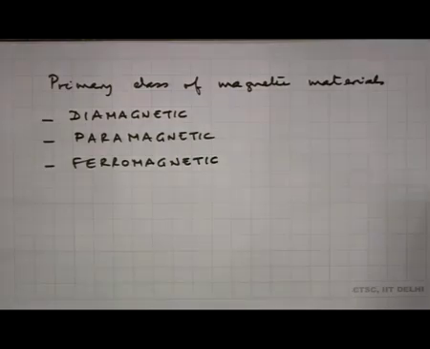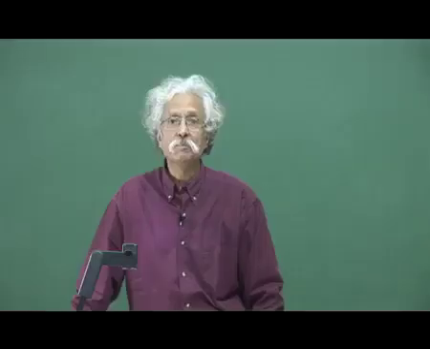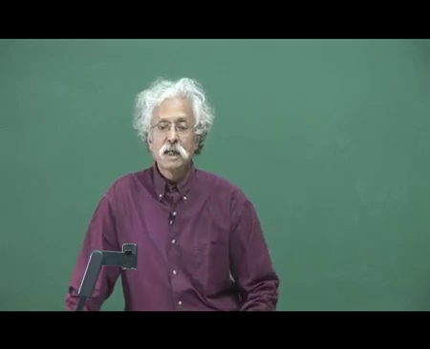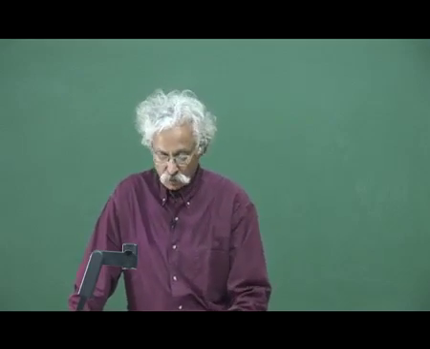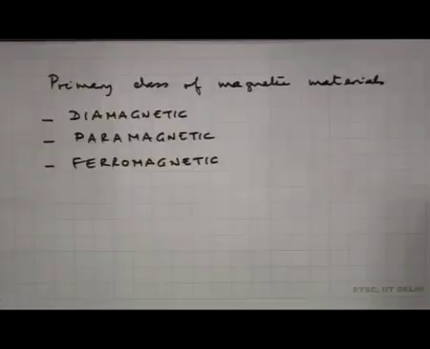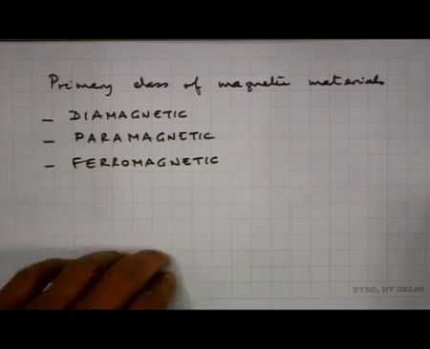Diamagnetic, paramagnetic and ferromagnetic are three types of media which have different magnetic properties, and of course, there are some other materials which we will not discuss in the course here. So, first I want to discuss something about diamagnetic properties, paramagnetism and finally ferromagnetism.